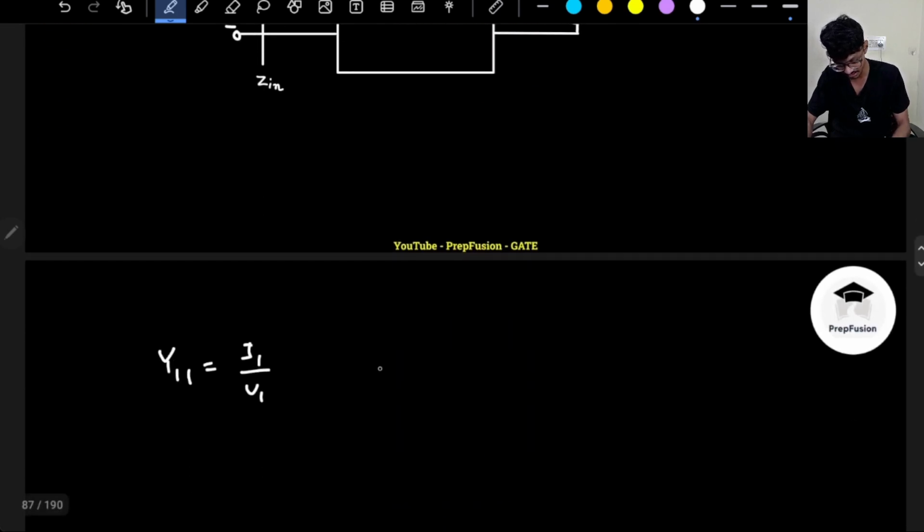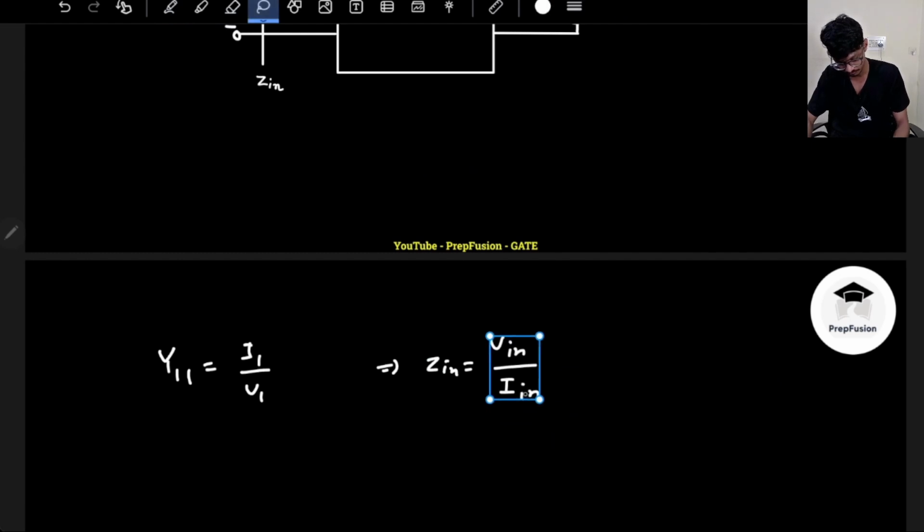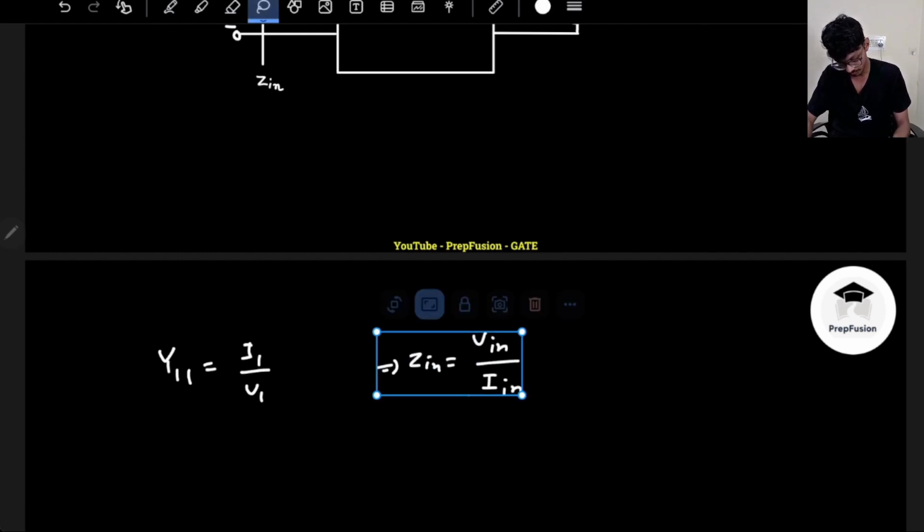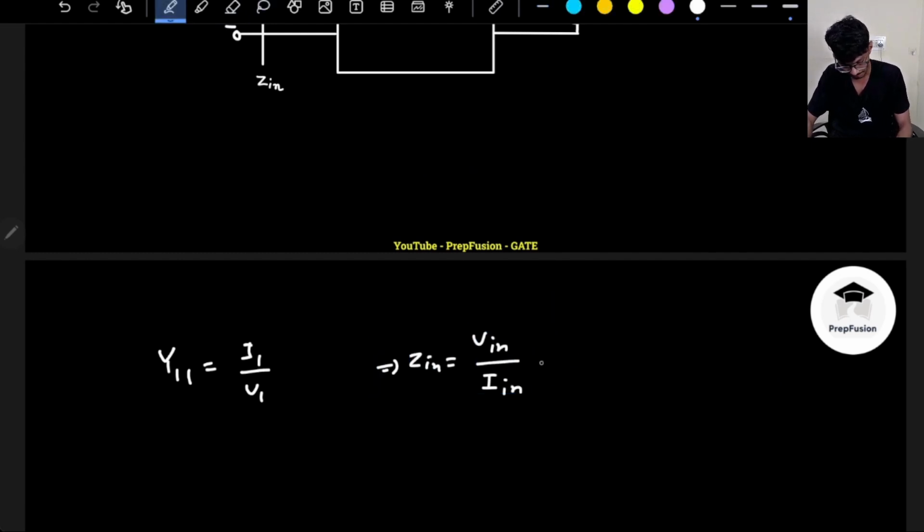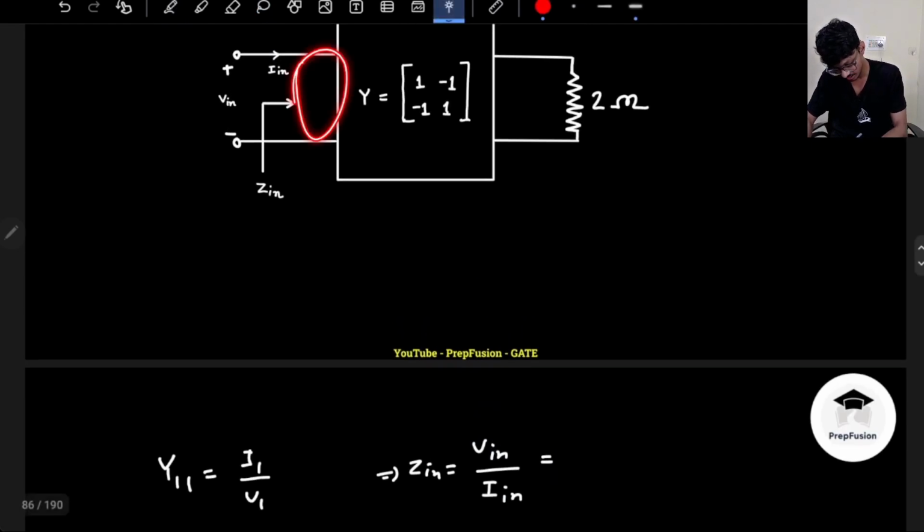Zin is simply Vin divided by Iin. And what is my Vin? Vin is the input voltage, the port voltage V1, and Iin is the port current I1.